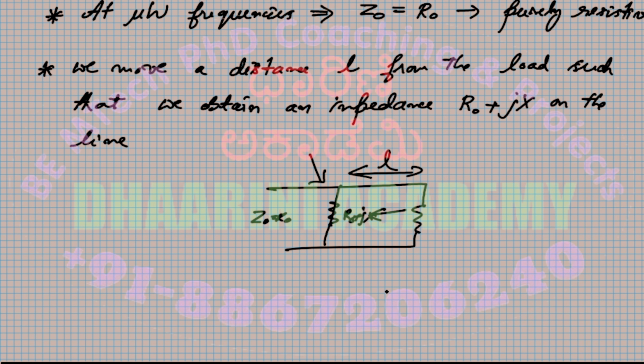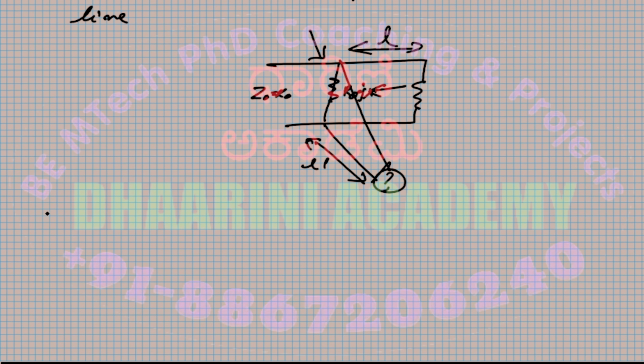So the next question is, what should be the length of this stub? That length is denoted by L dash. So the next point is to find out that L dash, the length L dash of the stub required to be found.